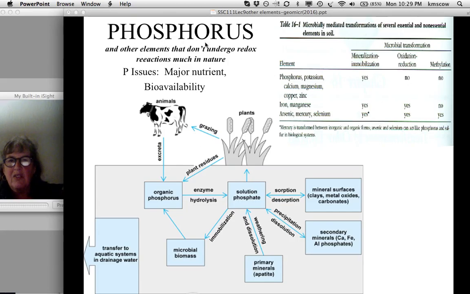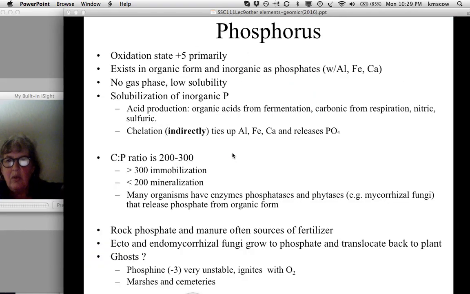Let's talk about phosphorus. So phosphorus is, some people think, magnificently boring, and it's largely because it does not undergo redox reactions in nature. It primarily exists at one oxidation state, which is the +5 phosphate. It doesn't change very much.